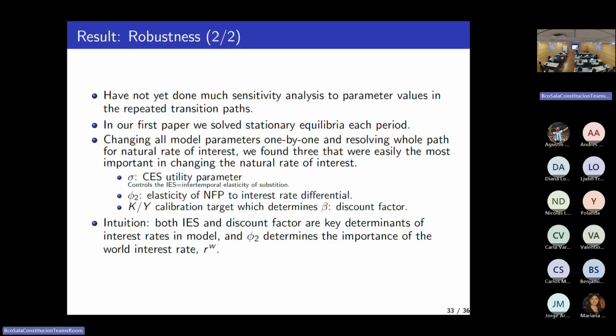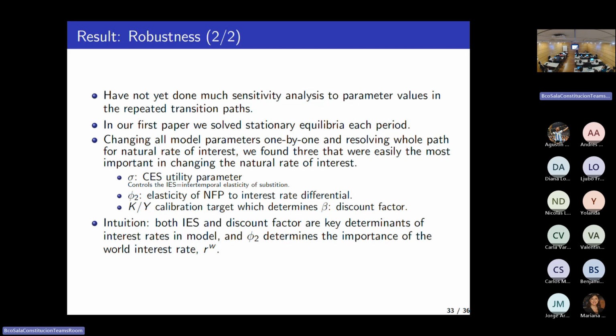Sigma, which is the CES utility parameter. This is the intertemporal elasticity of substitution. That's why it's important. Phi 2, which was that elasticity of the net foreign position to the interest rate differential. And beta, the beta is set by calibrating to K over Y. So we change the K over Y target rather than the beta, which implies a change in the beta. Right?